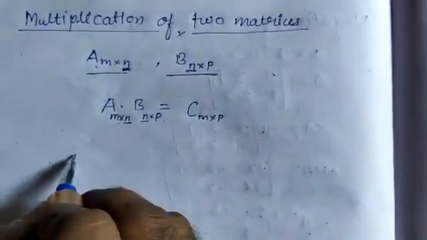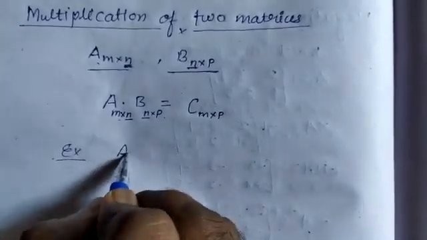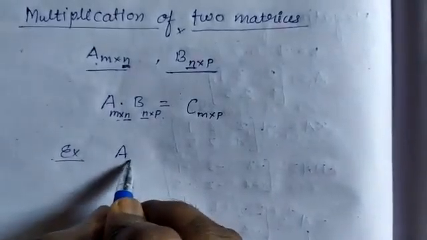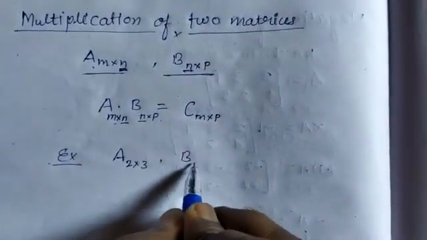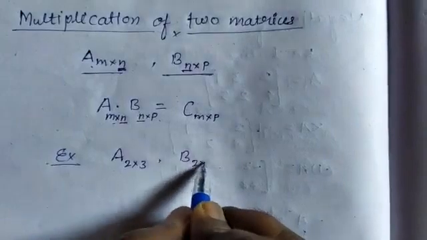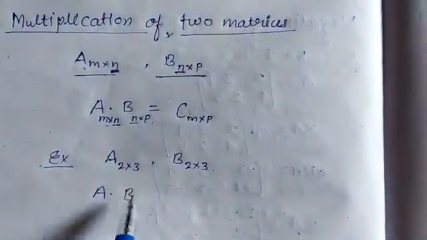Let's take an example. If the order of matrix A is 2 cross 3 and B is 2 cross 3, is A into B possible?